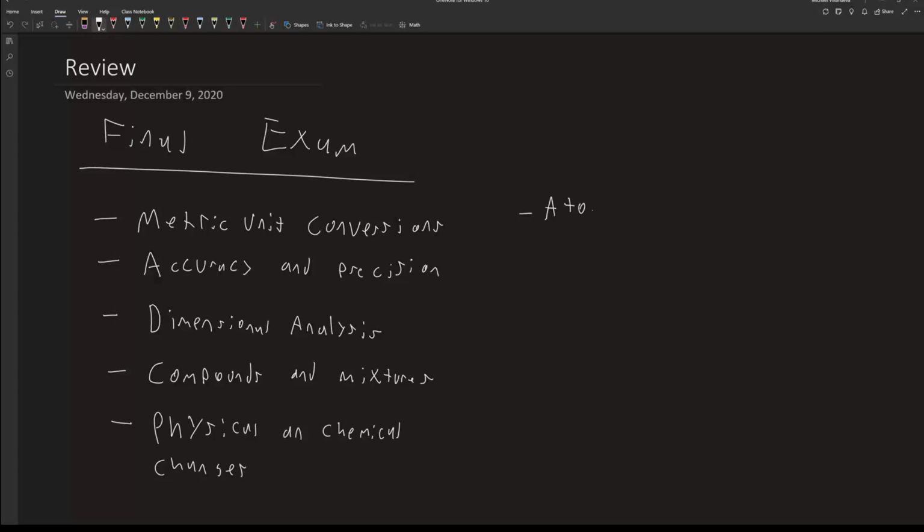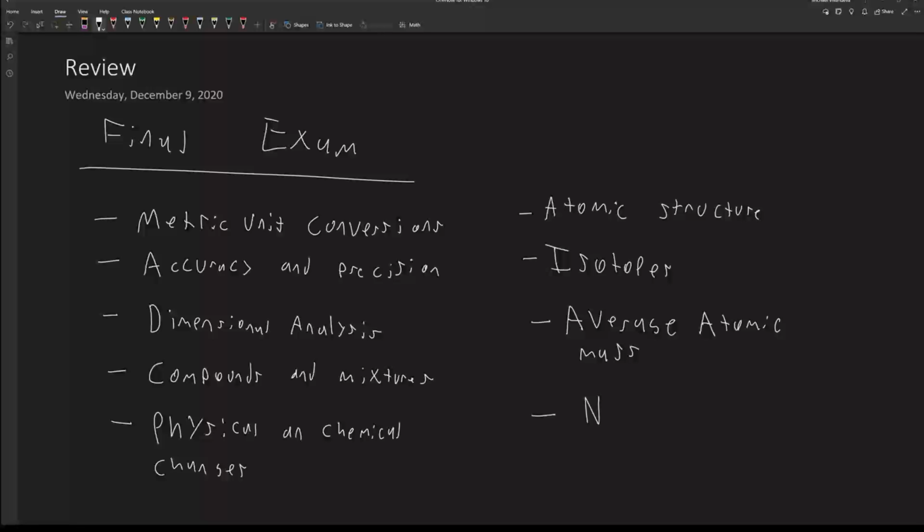Atomic structure. Isotopes. Average atomic mass. Naming elements.